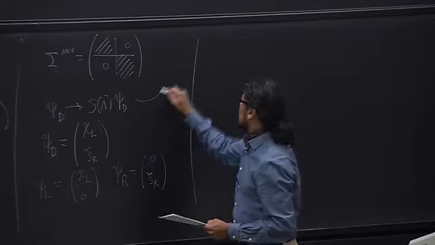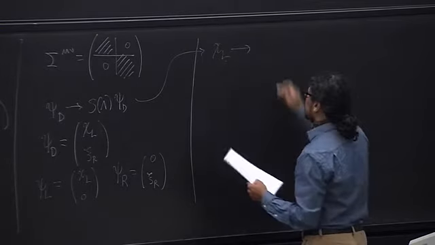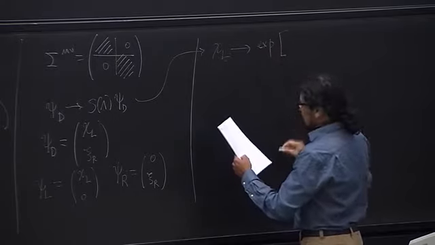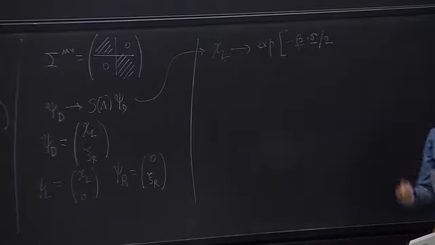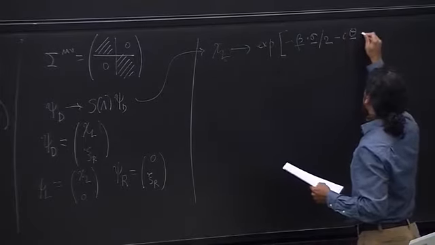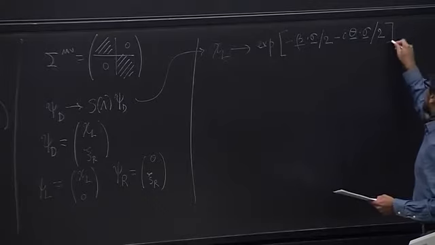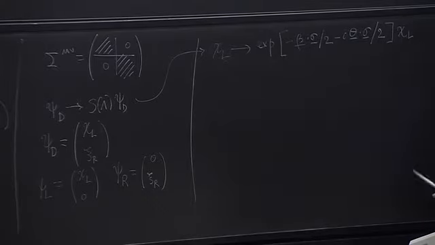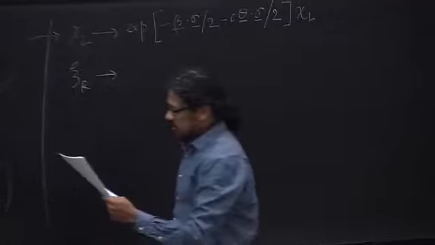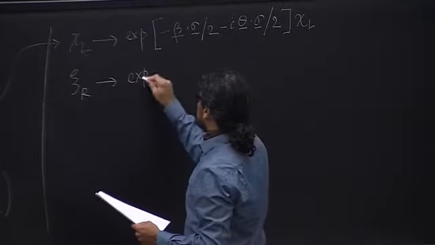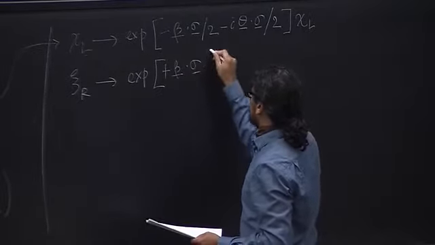So from this equation, we now find out that chi L transforms like exponential of minus beta dot sigma by 2, where beta are the parameters of the Lorentz boost, minus i theta dot sigma by 2, and thetas are the parameters of rotation, acting on chi L. And on the other hand, psi R transforms like exponential of, and there's a very important sign difference here, plus beta dot sigma.